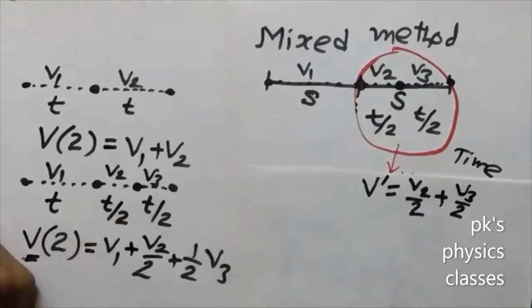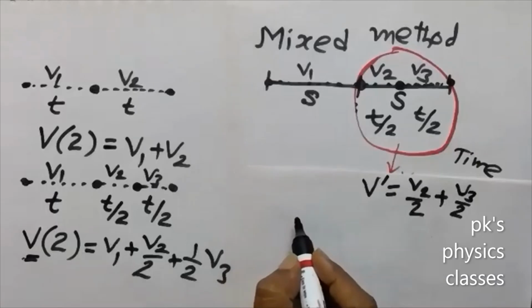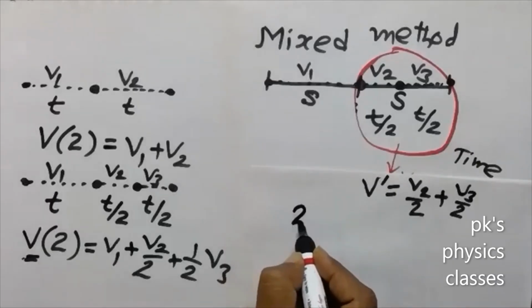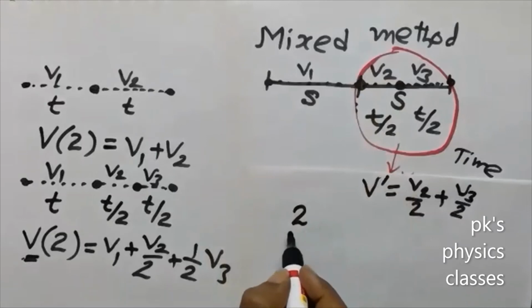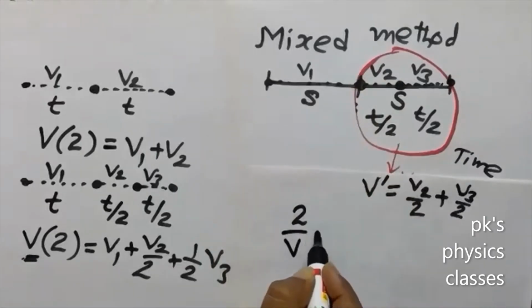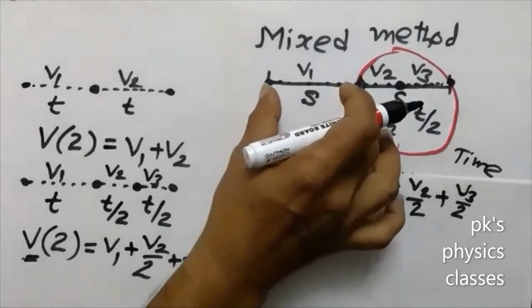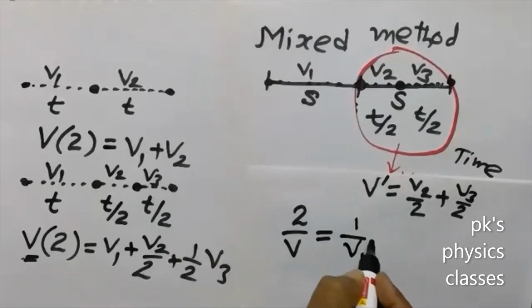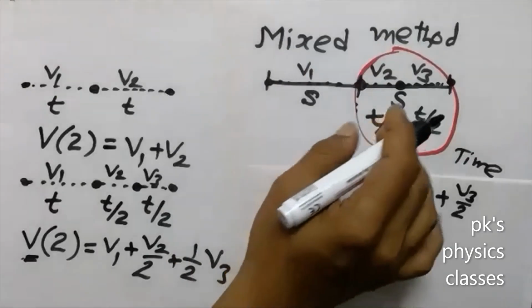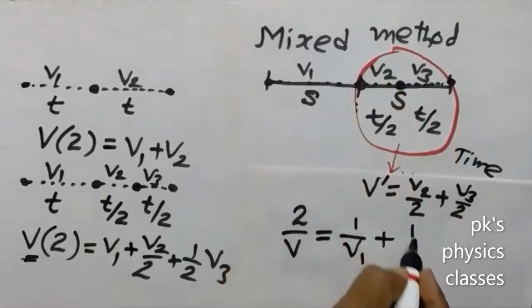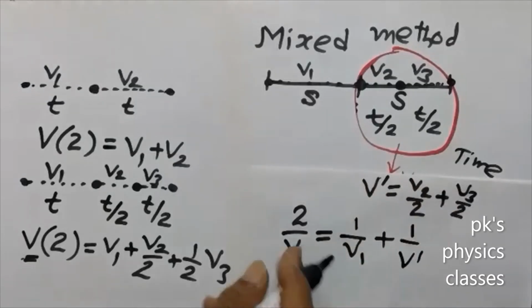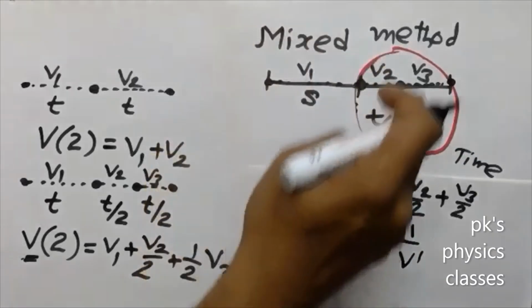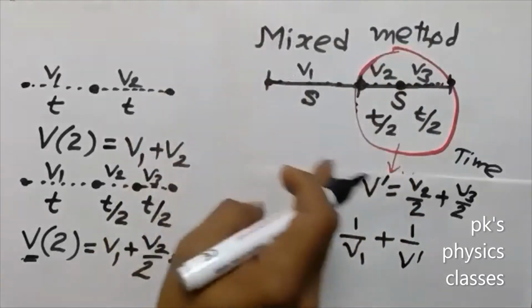So the total average speed, if you say v, is 2s, 2 distances, divided by, v is equal to, here this is 1s, so 1 by v1 plus, here another s, 1 by v dash, this value. That's all. Using this one and this one, you can find the average speed during this journey.